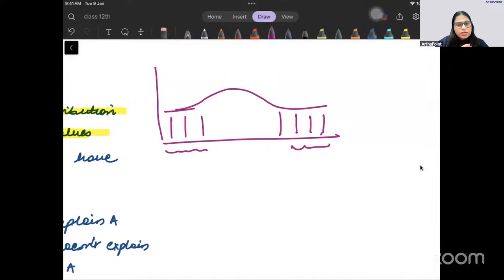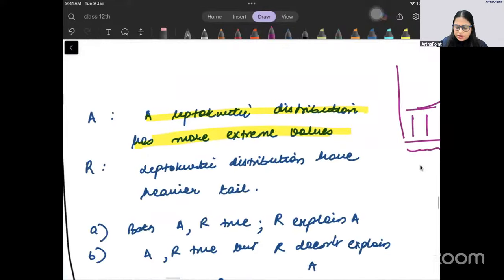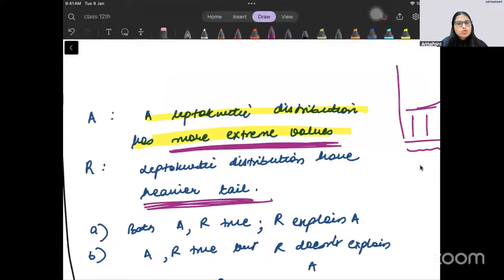It has a flat curve. Data is more spread out. There is more frequency in the extremes, right? So you're right, all of you, that this is a false statement. Because it has more extreme values, it should be platykurtic, and heavier tails should also be platykurtic. So lepto would be the wrong answer in that case.